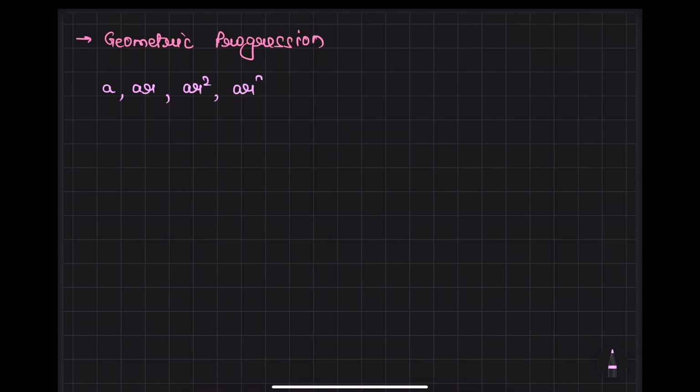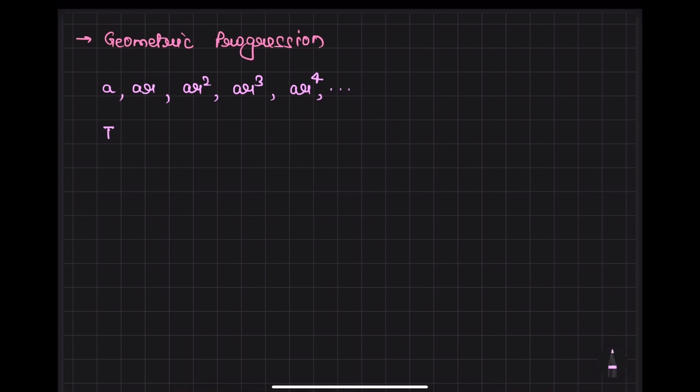Again you multiply by r, to get ar cube. Again, ar to the power 4, and so on. So this is your geometric progression.